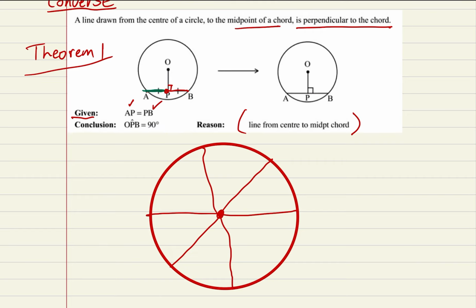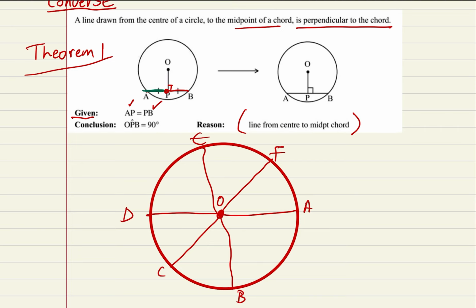So that means if this is O and this is A, this is B, this is C, this is D, this is E, and this is F. Now what do I know here?